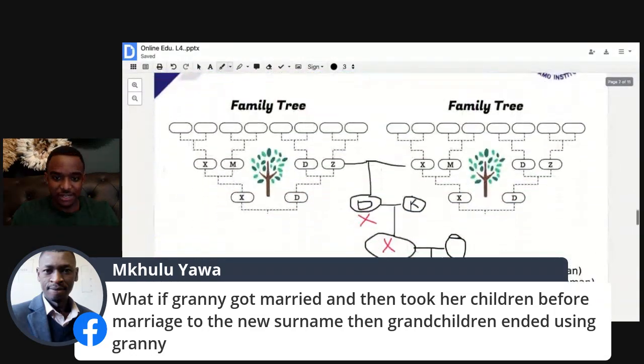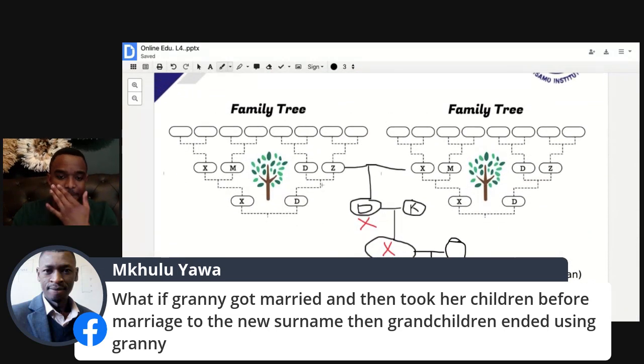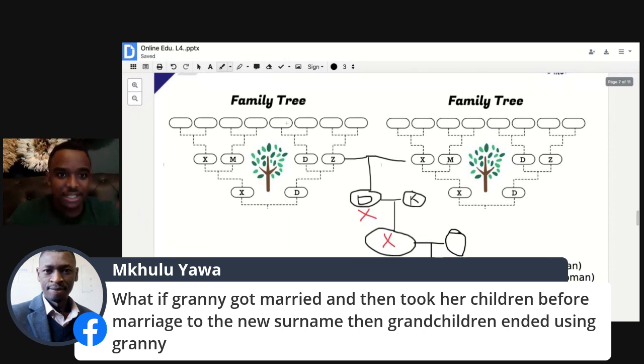I just want to find something that will explain this to you quite nicely. So let's assume Z is your grandmother and D is your grandfather. Your grandmother and your grandfather married perfectly fine, and then they had this child here.